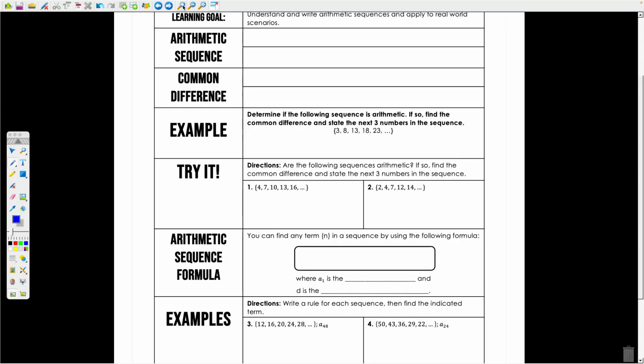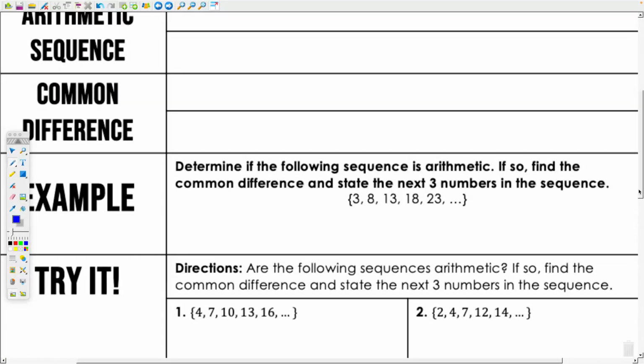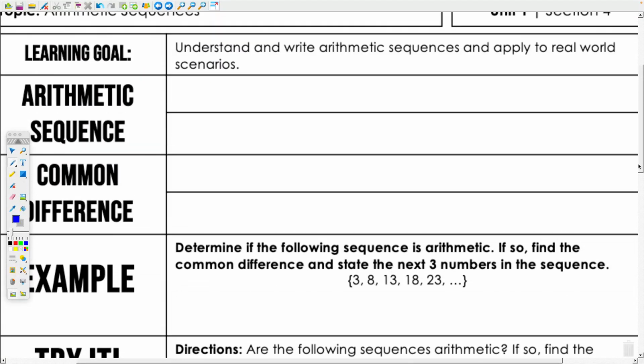An arithmetic sequence is a series of numbers.